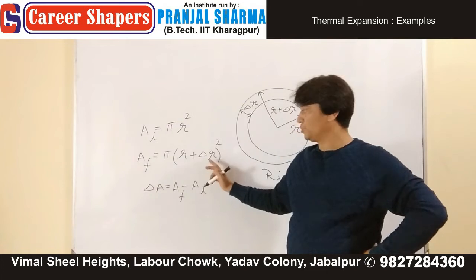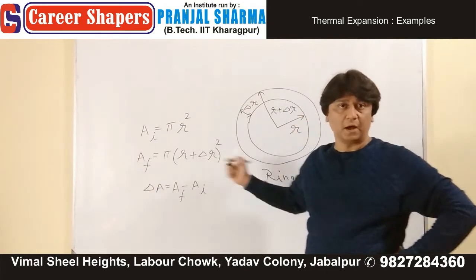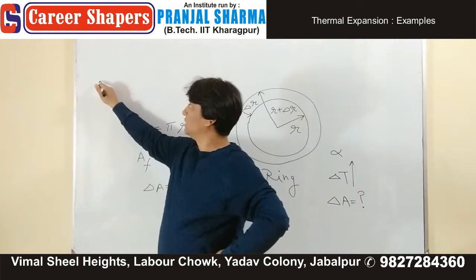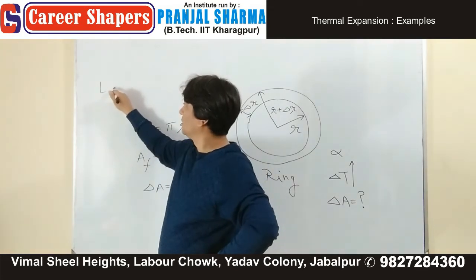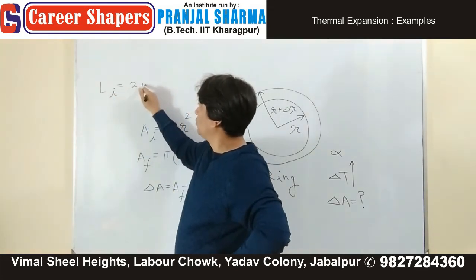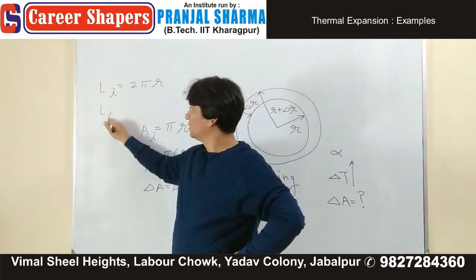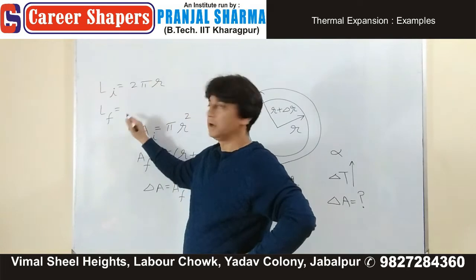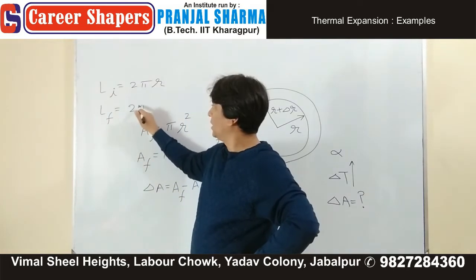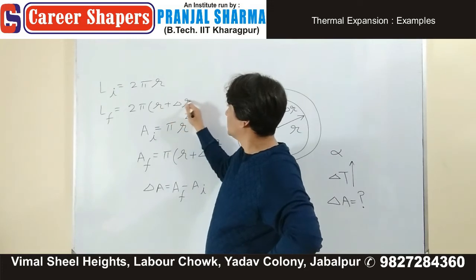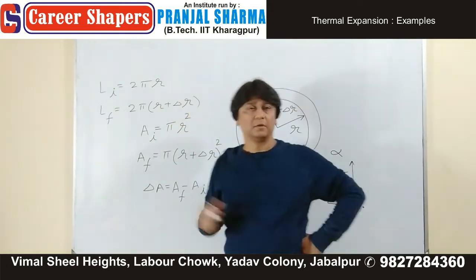For this you need to have information of what? Delta r. What is the initial length of the ring? 2 pi r. And what is the final length of the ring? 2 pi times r plus delta r. That's the final length.